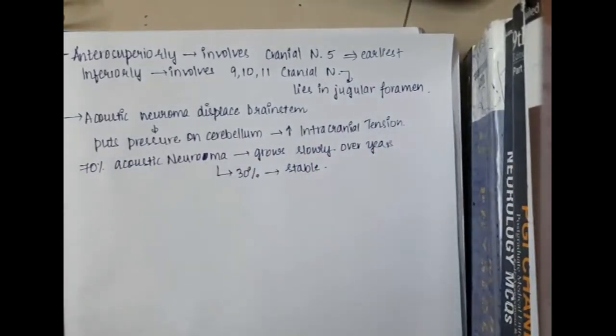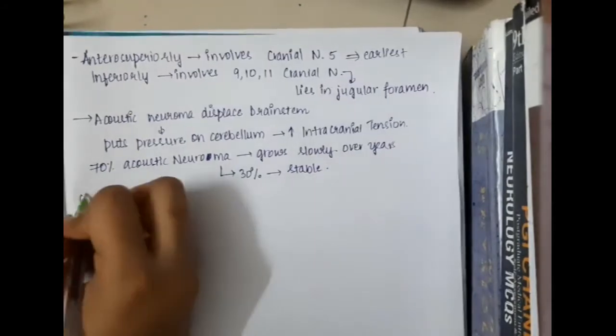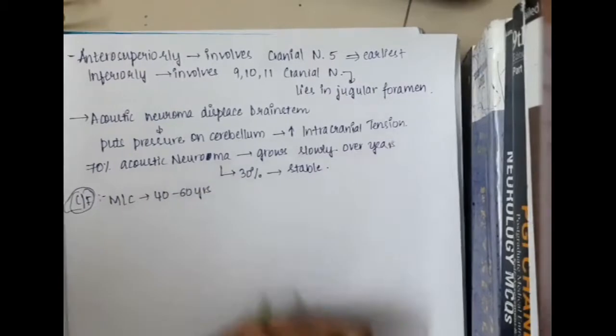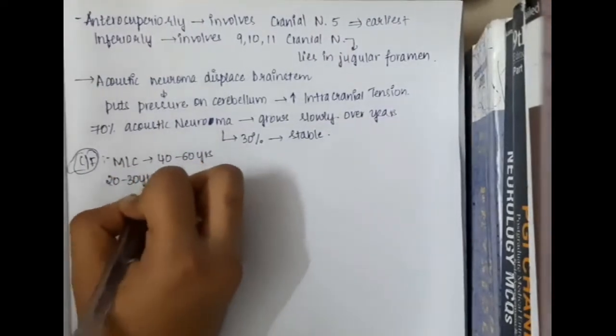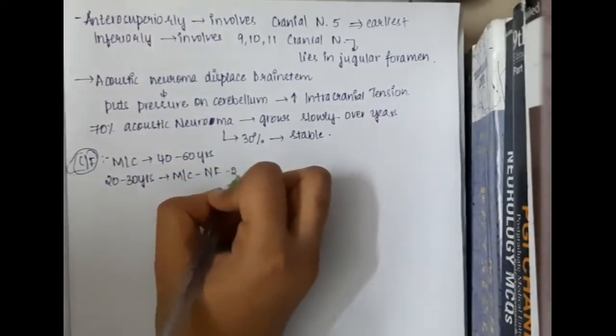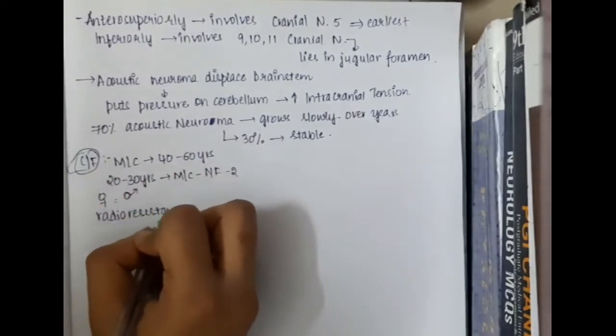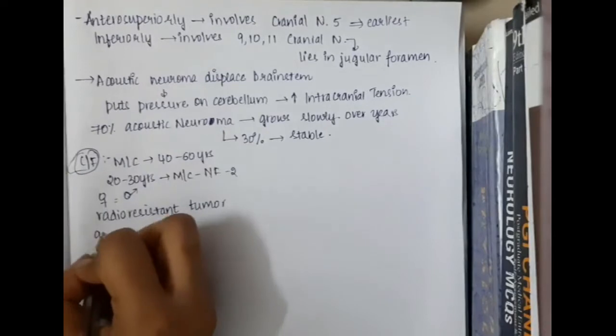Now the clinical features. Vestibular schwannoma or acoustic neuroma is most commonly seen in the age group of 40 to 60 years. If seen in 20 to 30 years, always think that it is associated with neurofibromatosis 2. It is seen equally in males and females.